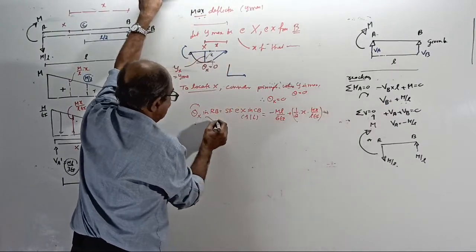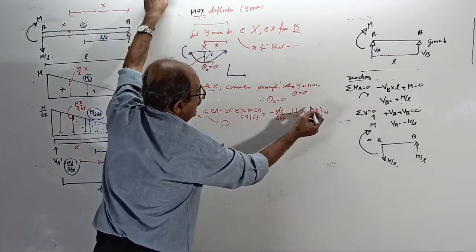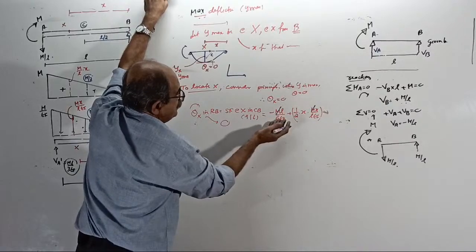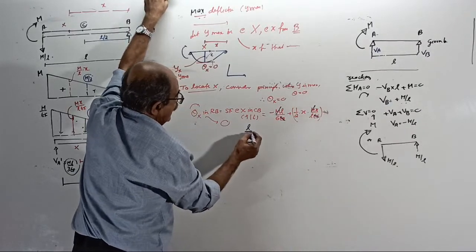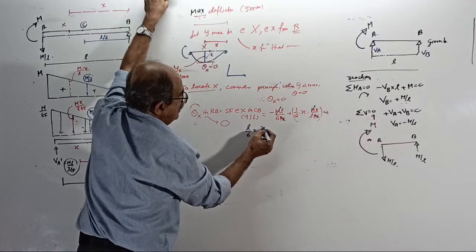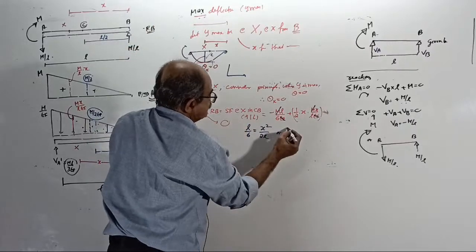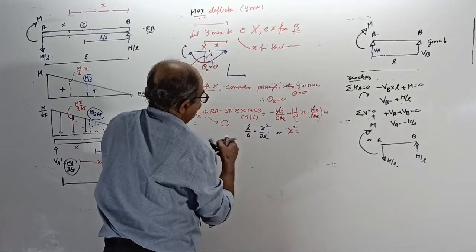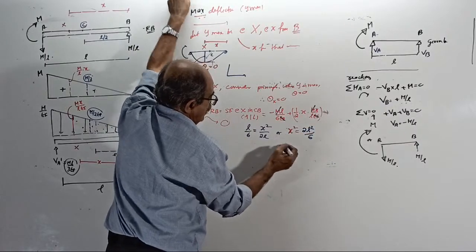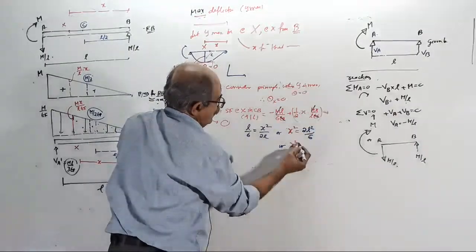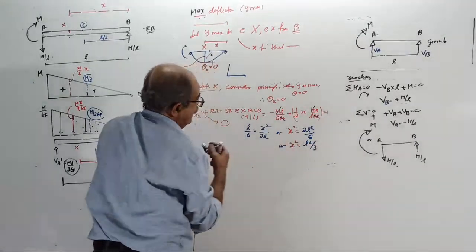But theta x should be 0. Therefore, M and M will cancel. You take the other side, L, EI cancels. L by 6 equals x square by 2L, or x square will become 2L square by 6, or x square will become L square by 3.